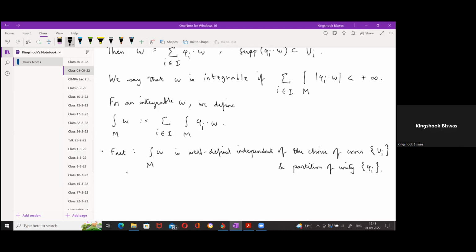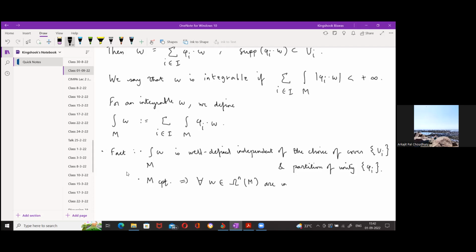So this defines the integral of an n-form over a manifold. And also, if M is compact, then all omega will be integrable. You actually only need omega to be a continuous form, not even smooth.